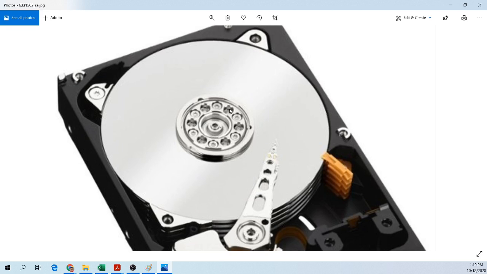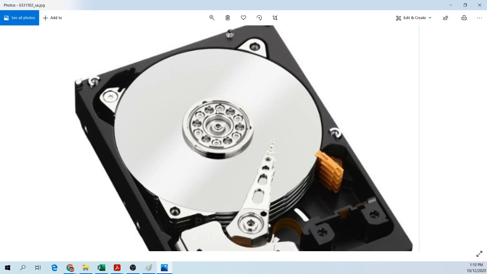So something like your CD. You can say your hard drive is made up of a couple of CDs, but it's different from a CD. And the data is stored on these disks that you're seeing here.